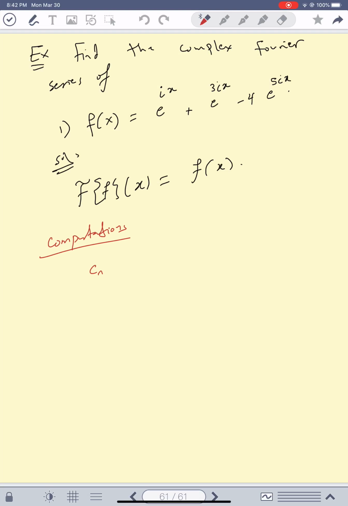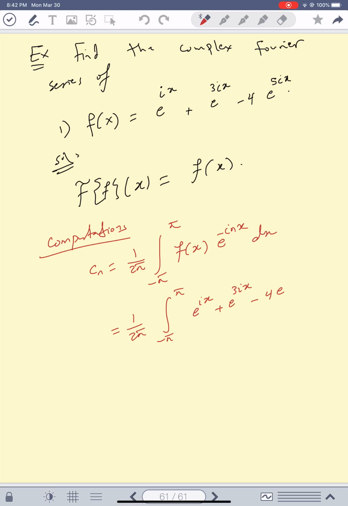We say, okay, what is c_n? It's 1 over 2 pi, integral minus pi to pi, f of x e to the minus i n x dx, which is 1 over 2 pi, integral minus pi to pi. What is f of x? It's e to the ix, e to the 3ix, minus 4 e to the 5ix, times e to the minus i n x dx.